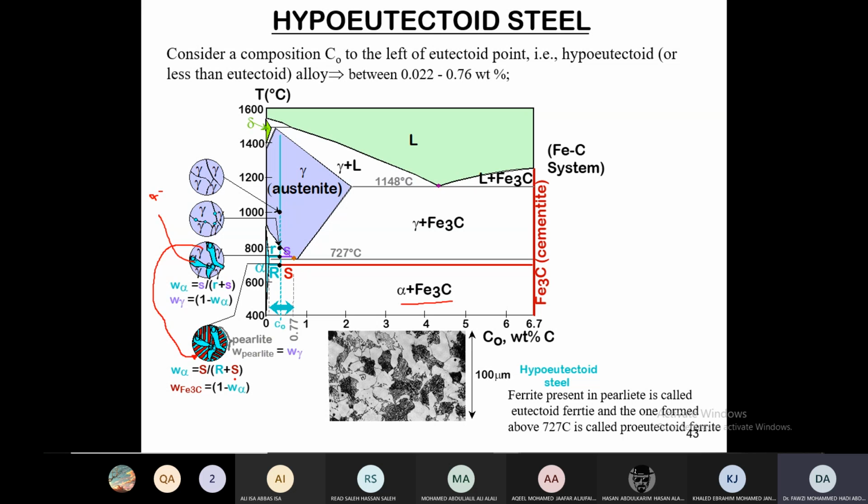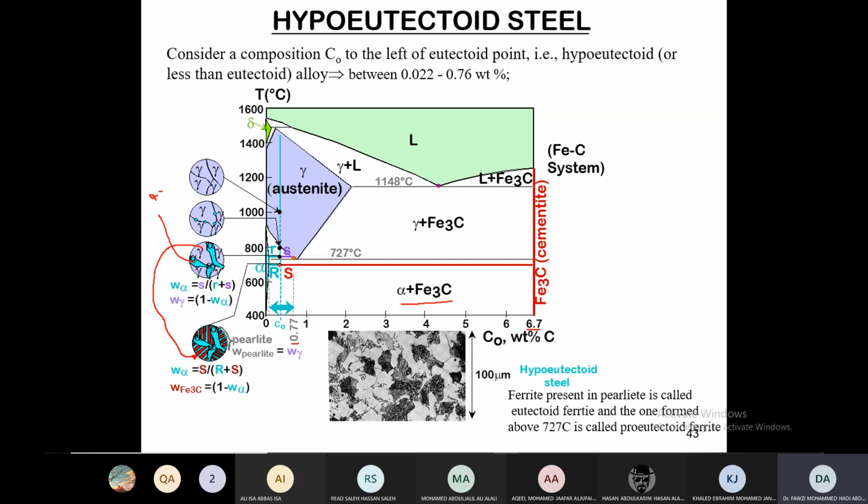That is the amount. So the weight fraction of alpha is S divided by the total segment, S plus R. S, as I said, is 6.7 minus 0.76.